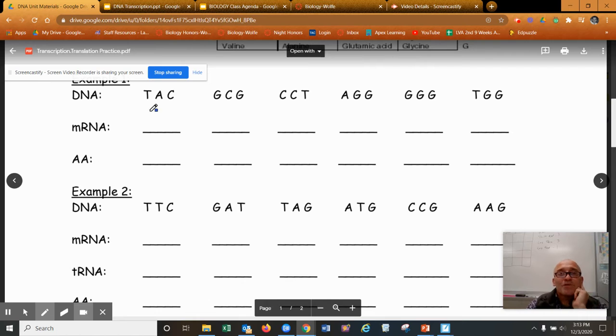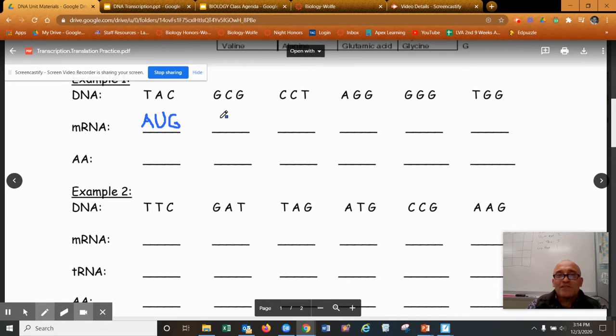Okay, so the way it works again, the messenger RNA copies by using complementary bases or nucleotides. For messenger RNA, if this is a T on the DNA, it's going to have an A that pairs up with it. And there's an A here on the DNA, so the messenger RNA is going to have a U, and then the C is going to have a G. So this is called a codon of messenger RNA, and the complement to TAC is AUG.